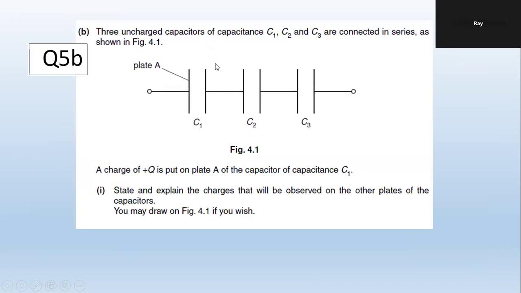Three uncharged capacitors C1, C2, C3 are connected in series as shown in the figure. A charge plus Q is placed on plate A of capacitor C1. State and explain the charges that will be observed on the plates of the capacitors. You may draw if you wish.